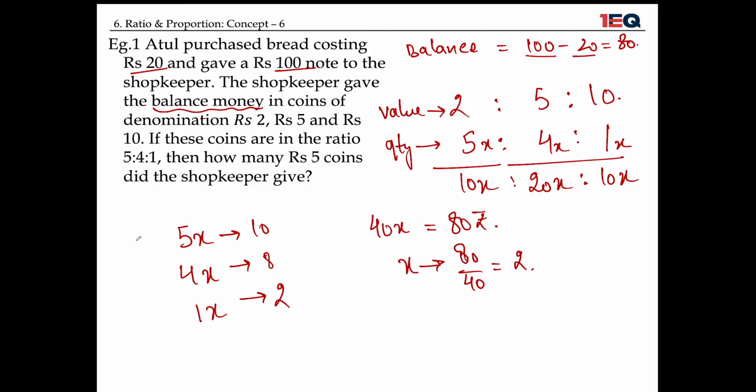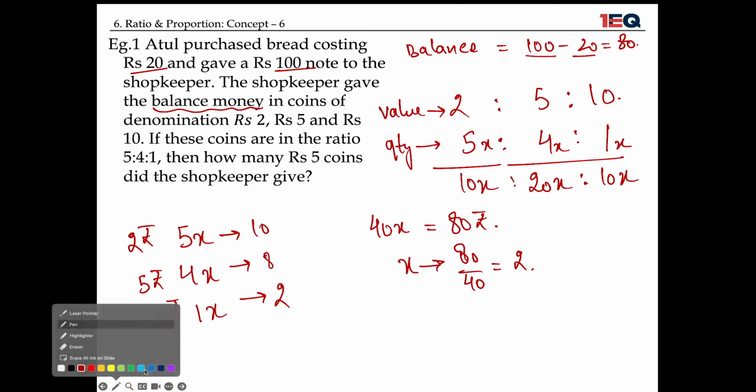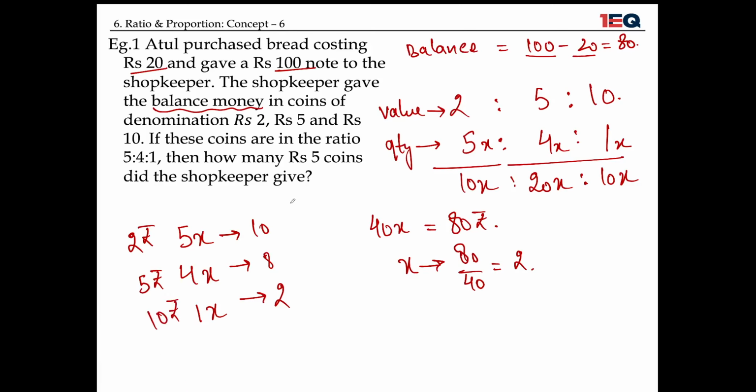What does 5x associate to? It means it is a 2 rupee coin. What does 4x associate to? This means this is a 5 rupee coin. And what does 1x associate to? This means this is a 10 rupee coin. So if somebody asks you how many 5 rupee coins were present, you would give the answer as there were 8 5 rupee coins. Okay, there were 8 5 rupee coins, and that is my answer.